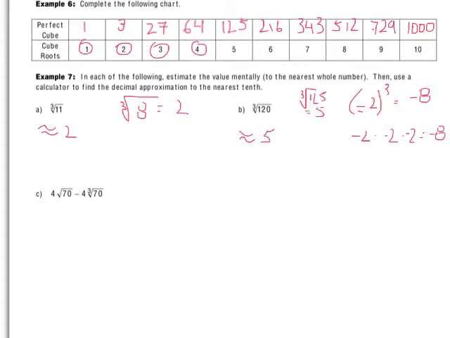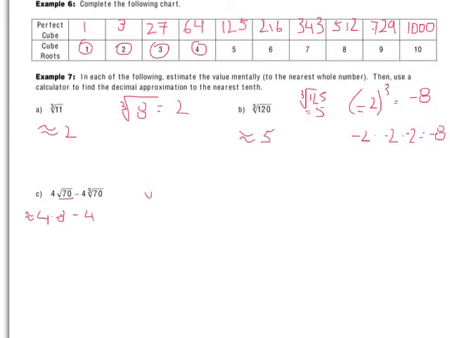Now I have a square root and a cube root in one question, so the square root of 70, the closest answer there would be, I guess, 8. 8 times 8 is 64, so I have 4 times 8 minus 4 times the cube root of 70.